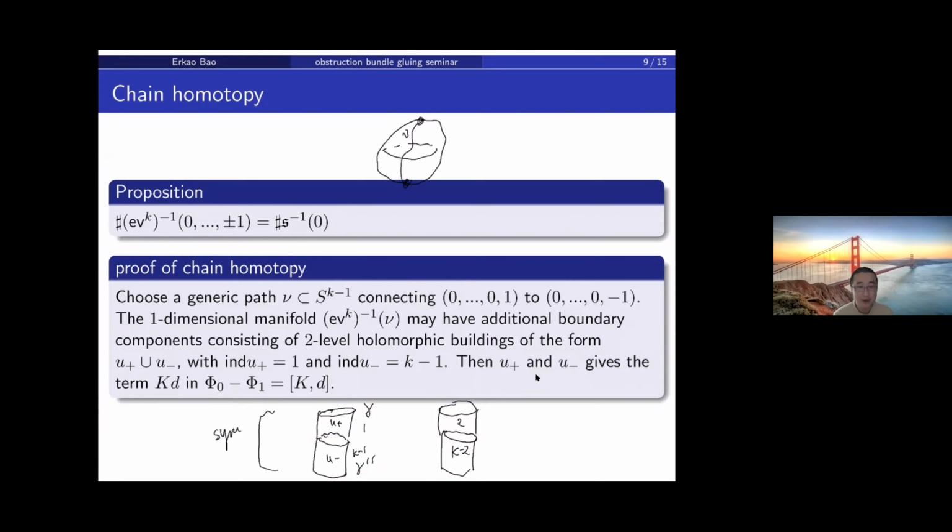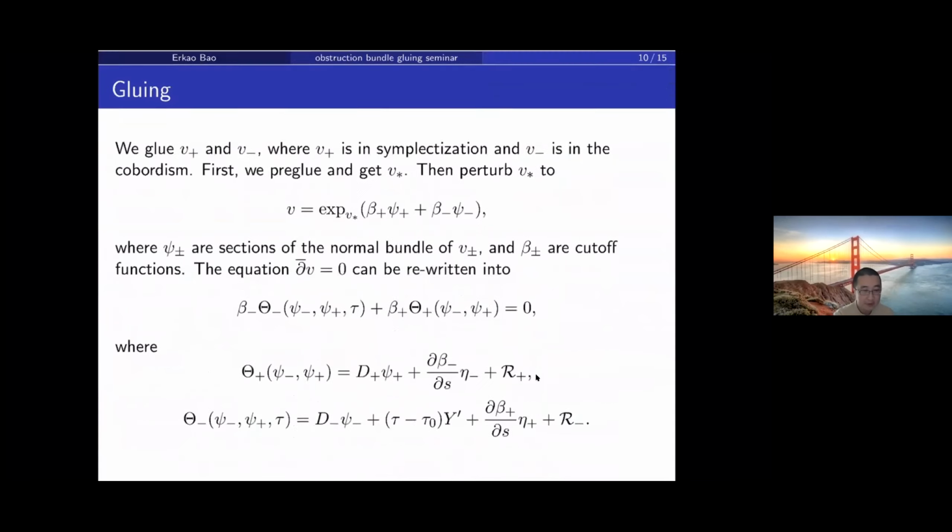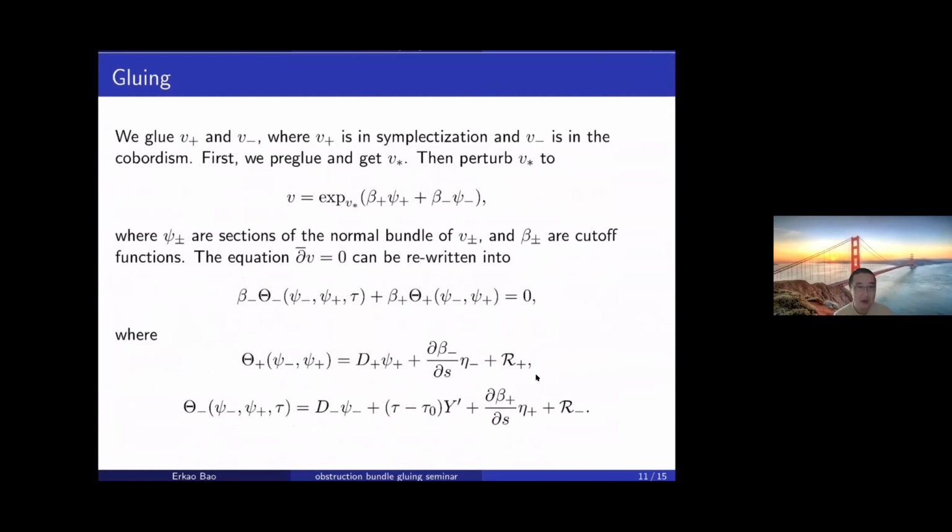Okay, so now we'll spend the rest of the talk proving this proposition. The count of zeros of the obstruction section is the same as the count of pre-images of the North Pole and the South Pole under the evaluation map. So finally we move on to the obstruction bundle gluing.